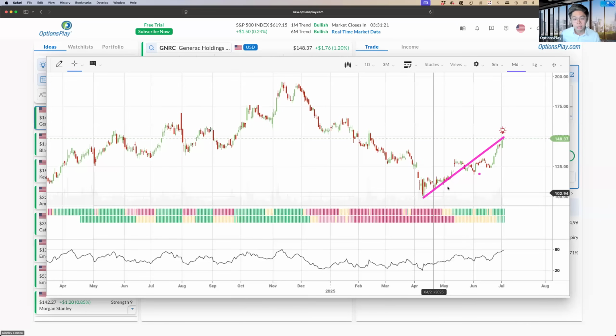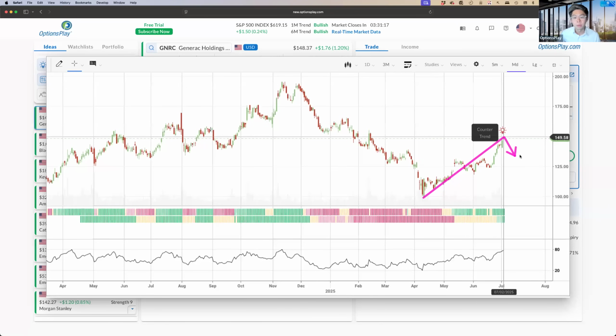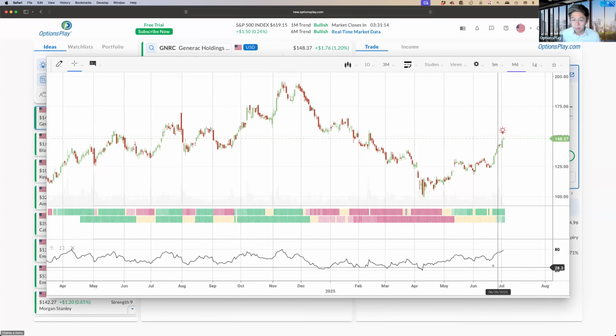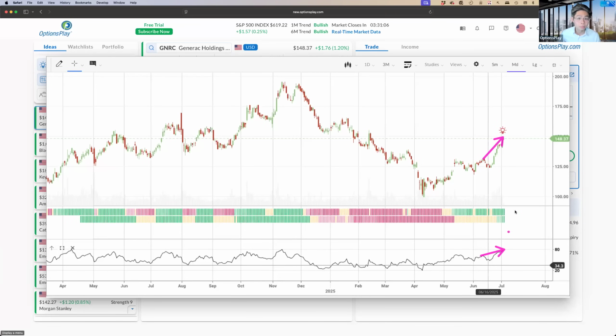And basically what we're saying is that it's reached enough of an extreme where there's a higher probability of a bit of a pullback here. But what it lacks here is that exhaustion that I was talking about, right? We made a higher high in price, but we also made a higher high in momentum. So it satisfies the first criteria, but doesn't satisfy the second criteria. From my perspective, it's time to move on.